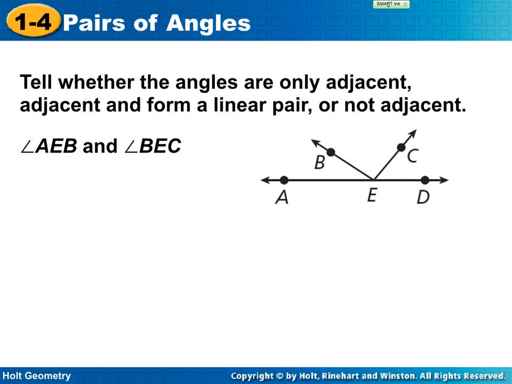I'm going to use a few pictures that are already created here. Now your choices are only: adjacent, adjacent and form a linear pair, or not adjacent. So angle AEB and angle BEC. Angle AEB would be this one. Angle BEC would be this one. Are those two angles adjacent? Are they adjacent and making a linear pair, or are they not adjacent?